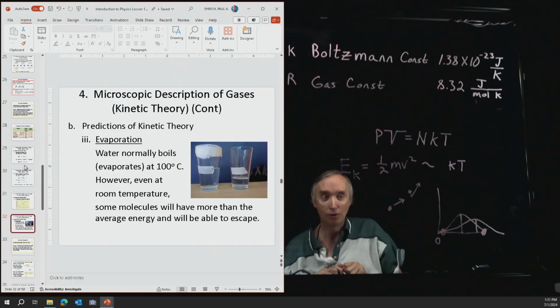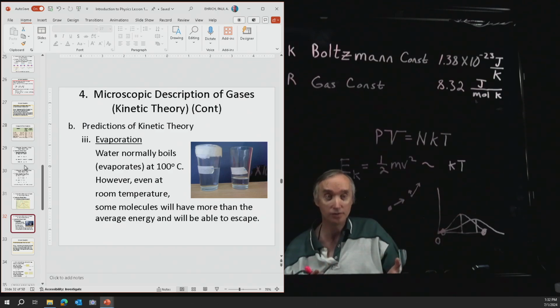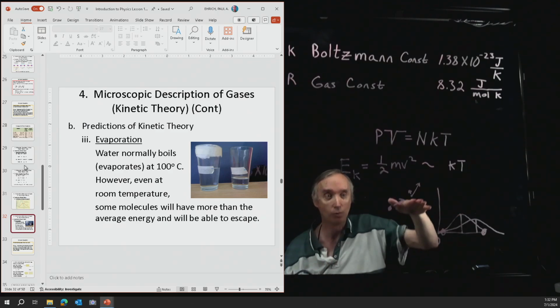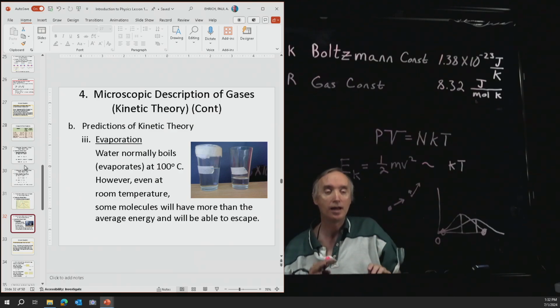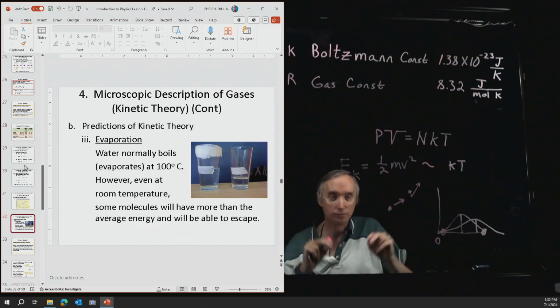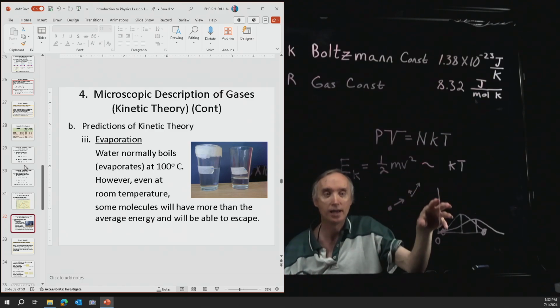But did you know that water also evaporates at a lower temperature? You could take a glass of water and put it on the counter and leave it there for a few weeks, and you would find that the water level starts to drop. Because even at room temperature, water can boil. Water is changing from a liquid to a gas.